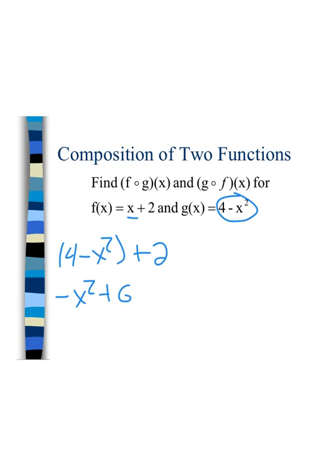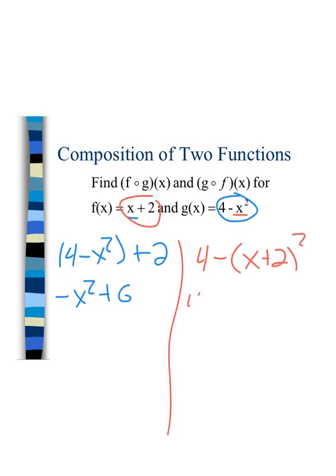All right, now for the second process, you can see that it's now g of f. f is my inside function, so I'm going to be taking all of my f function, and I'm going to be plugging that in everywhere I see an x, which means I have 4 minus, instead of x squared, (x plus 2) squared.